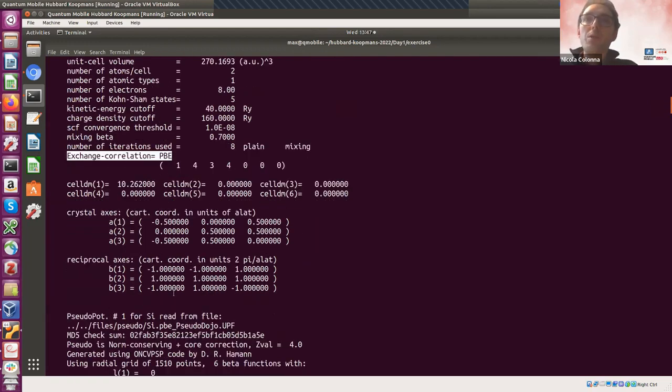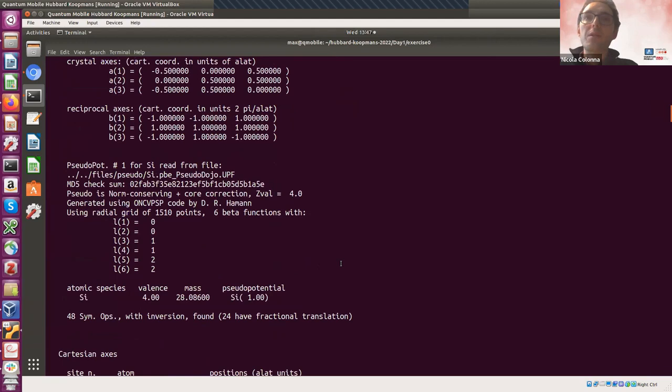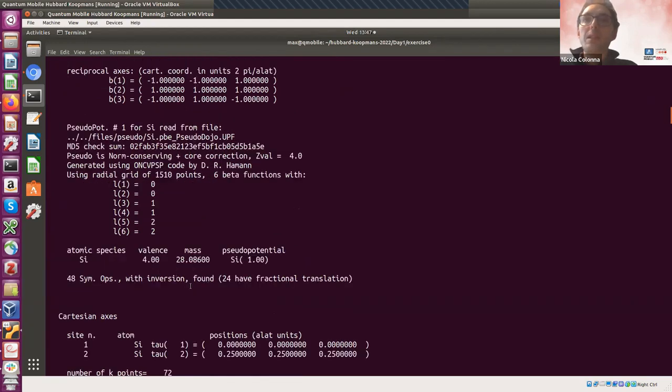You have information also about the reciprocal lattice vectors, and some checks on the pseudopotential. Then the code performs some checks for you, testing if you have symmetry operations, meaning symmetries that leave the crystal unchanged.